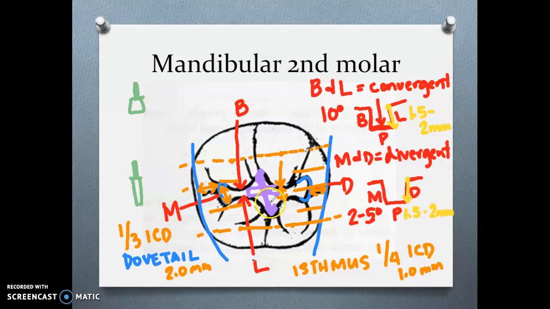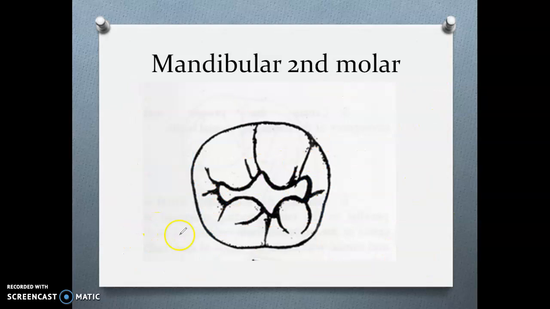Okay? So how do we check your cavity? Let me just erase this one. We check your cavity if all pits and major developmental grooves are included. Is the preparation centered on the tooth?